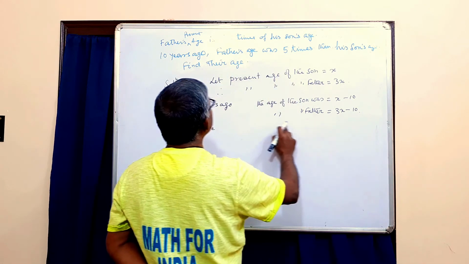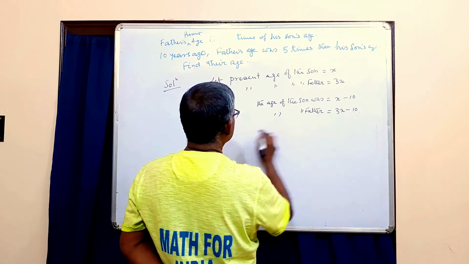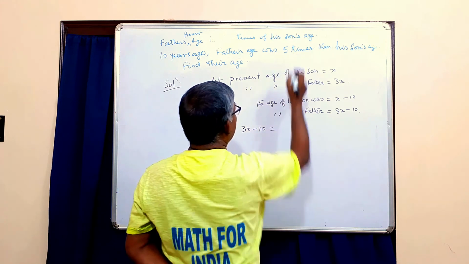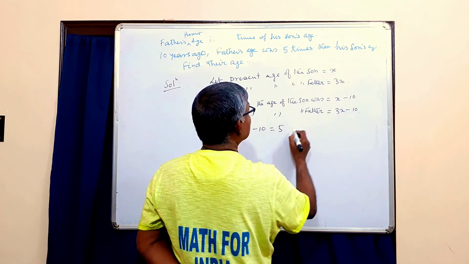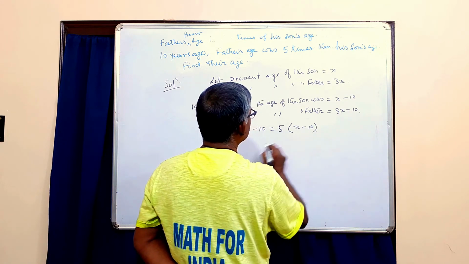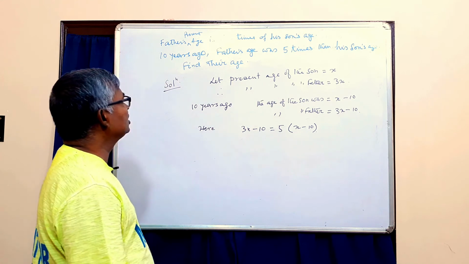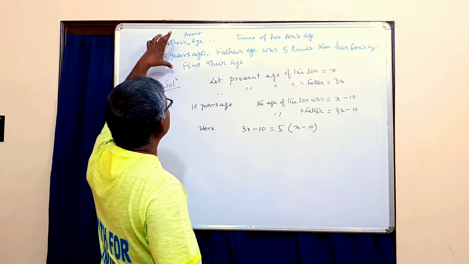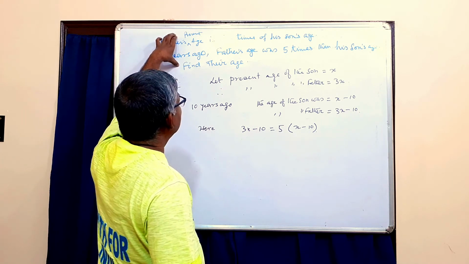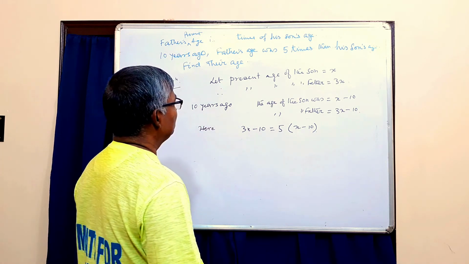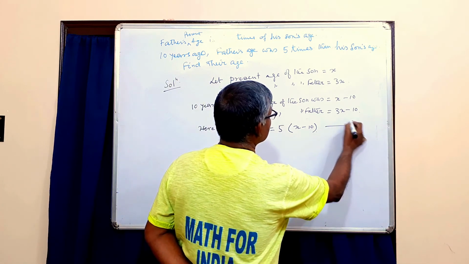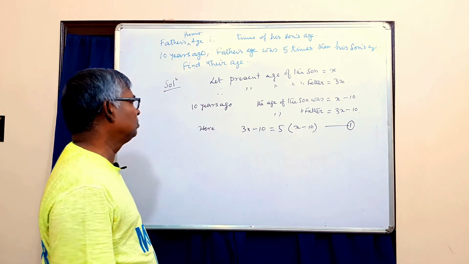So 3x minus 10 equals 5 times son's age, that is 5 into x minus 10. So simply translate the problem, convert the word problem into mathematical notation, and it is the final mathematical notation. Now solve for x.